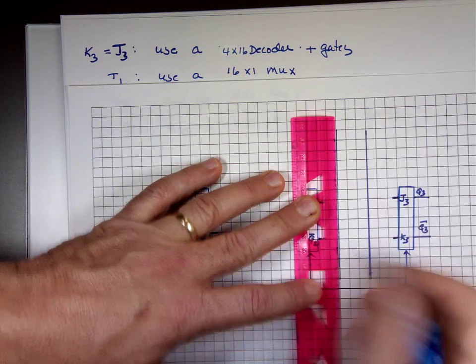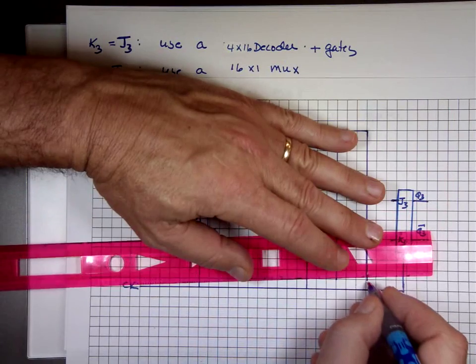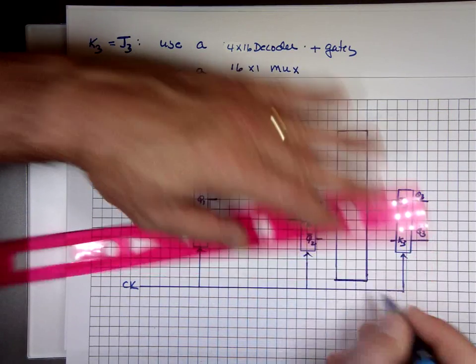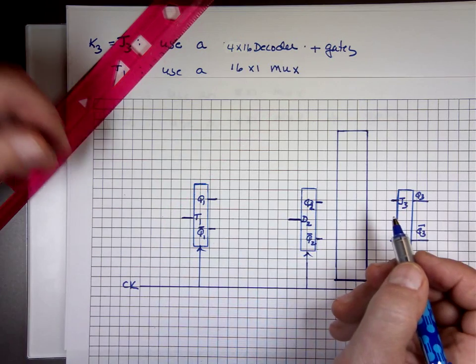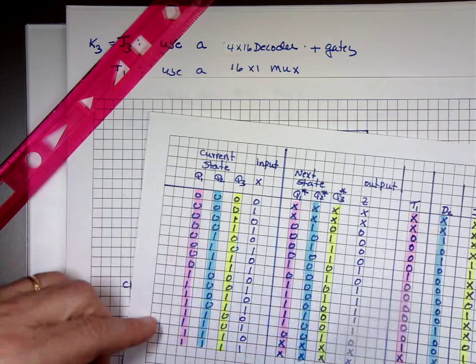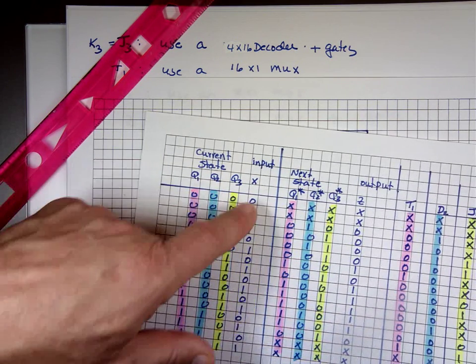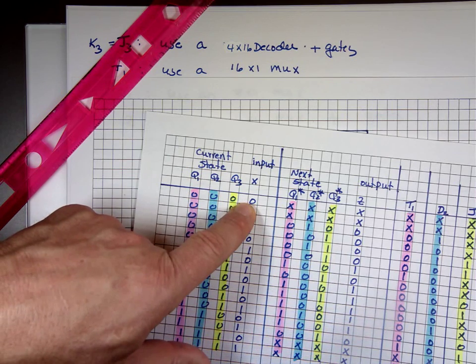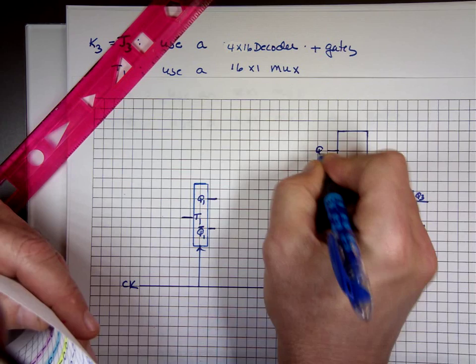Boy, this is like squeezing things in. So I'm going to have a decoder, which is a chip now. And it has 4 inputs. Well, my inputs better be what? What are my inputs? Q1, Q2, Q3, and X. I'm not going to run the wires to it.